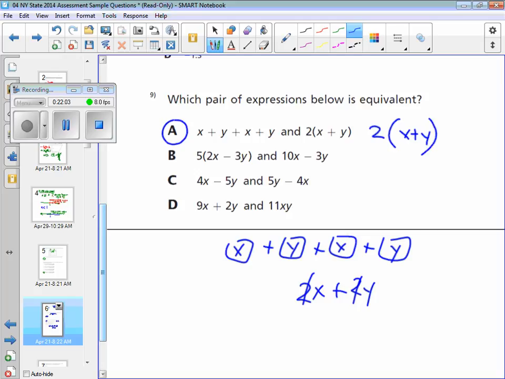And even if you didn't know that, if you do B and apply the distributive property, 5 times 2X is 10X, but 5 times 3Y is not 3Y, it's 15Y. Can't be B. Can't do C because subtraction is not commutative. You can't flip it.